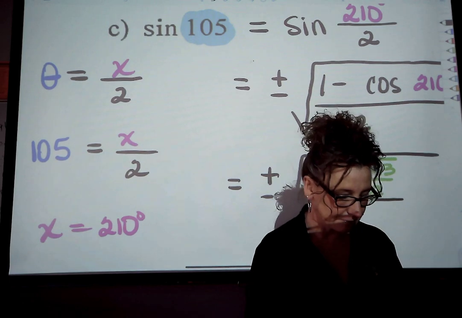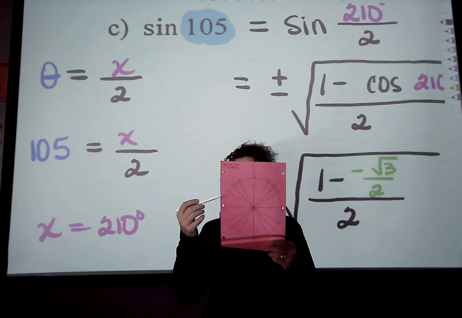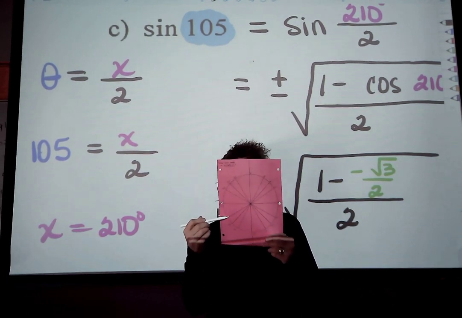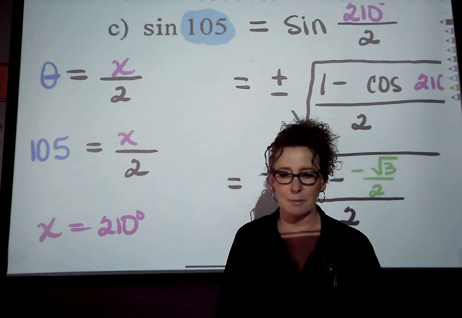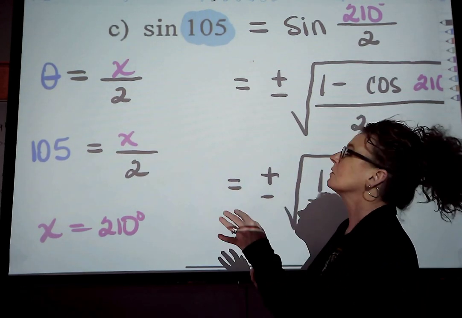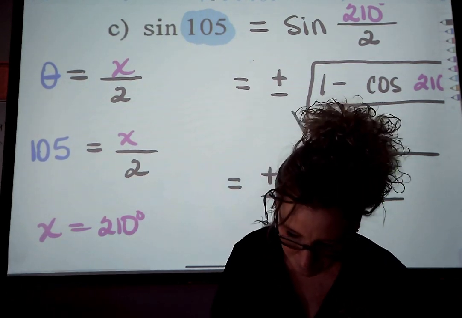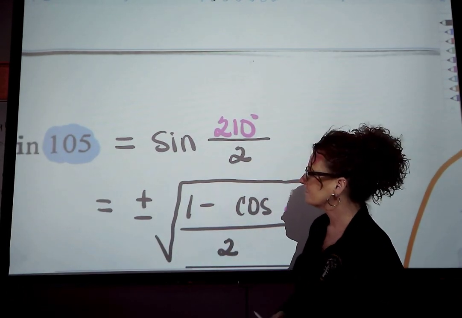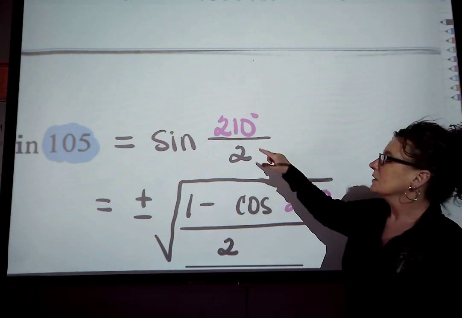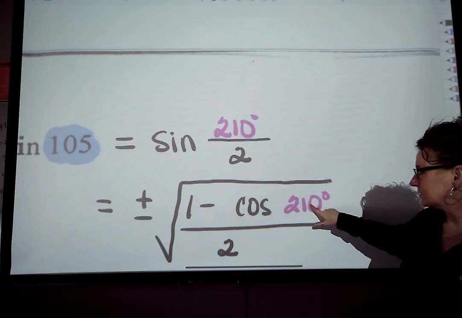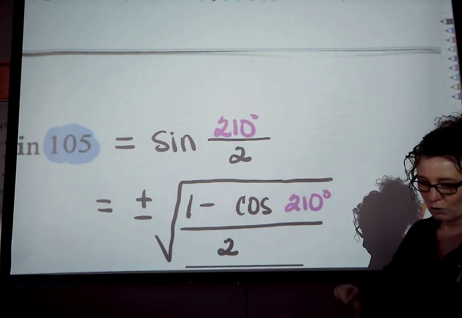And guess what? 210 degrees is right there, quadrant 3. It's a common angle. So I'm going to write my formula using this common angle. Here I go. This is my common angle. It goes here. Wrote out my formula.